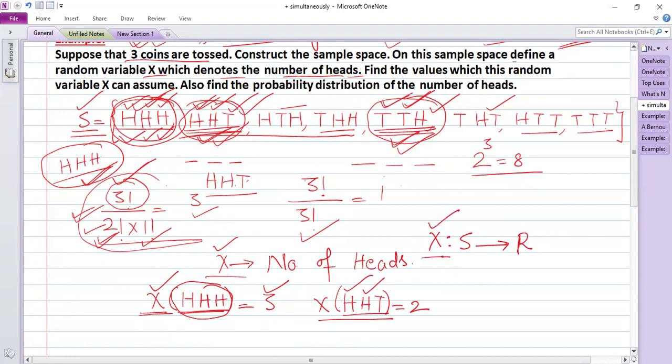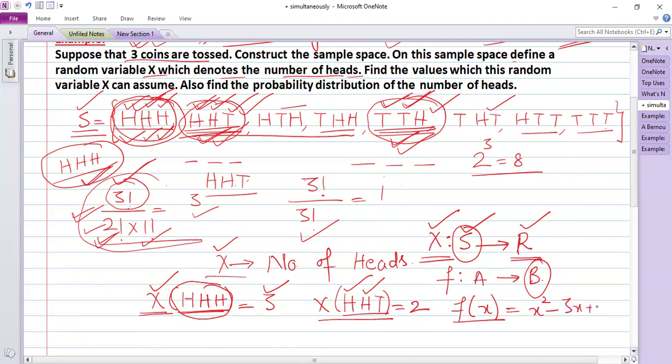It is just behaving like any other ordinary function from some set A to B. That's how we define f at x, for example, x square minus 3x plus 2.